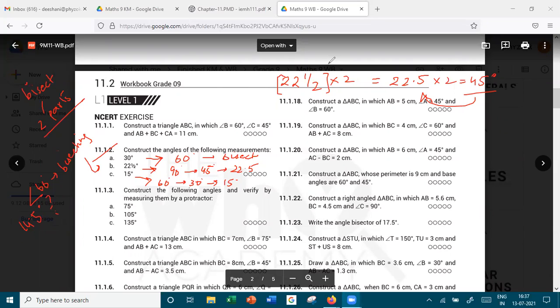That's just a trick, because the basic questions from this chapter are those that ask whether an angle of this degree can be constructed. It could be any random thing, 17.5, maybe 15 degrees, maybe 135. Numbers that you are not really familiar with are what they will ask.